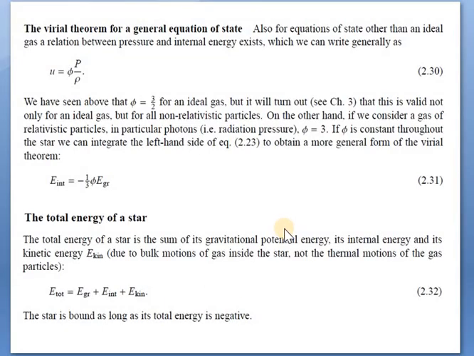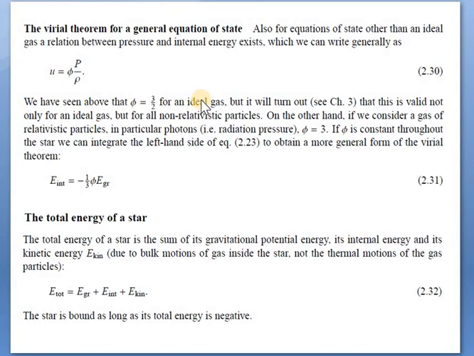Well, if none, then let me move forward again with the Virial theorem. We have just shown you how you can write the general form of the equation of state in this form, where this phi has a value of 3 by 2 for a non-relativistic case and equal to 3 for a gas of relativistic particles, right?